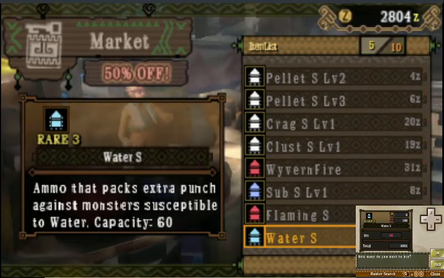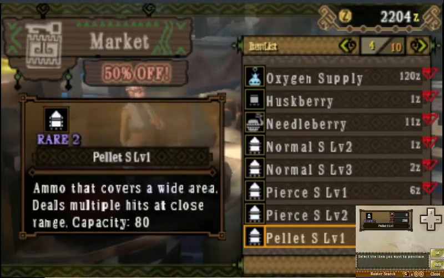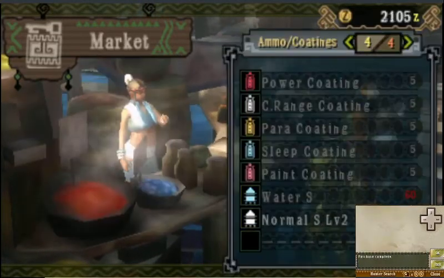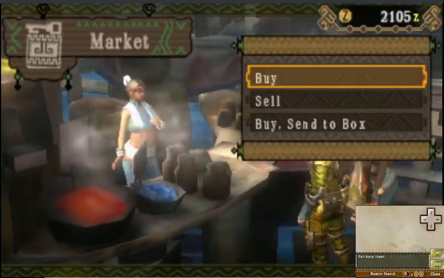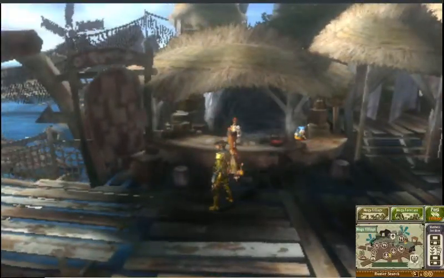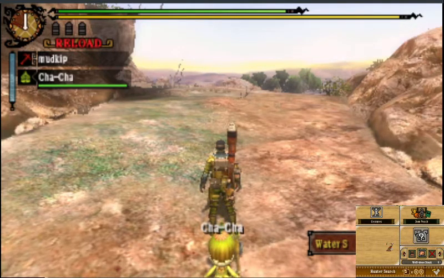So let's go ahead and buy this water ammo, as well as some cheap normal level 2, just for fun. Now let's move on to our technical demonstration. The first thing you will notice with a bowgun is you have the ammunition indicator on your bottom right.